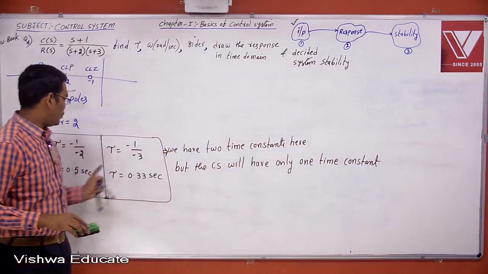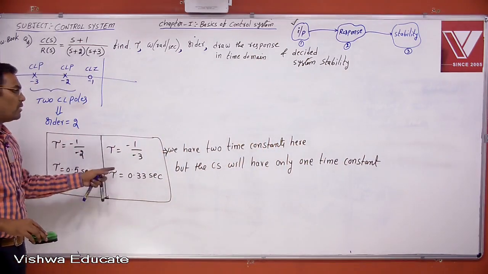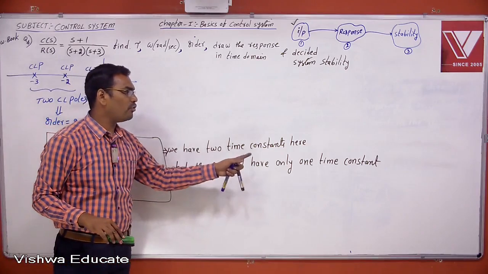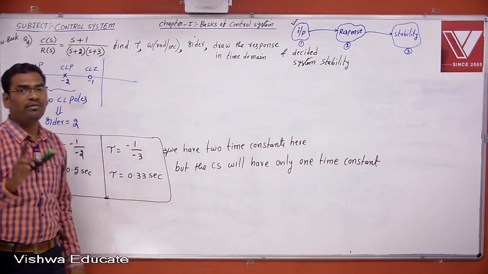We have two time constants, but the control system will have only a single time constant.